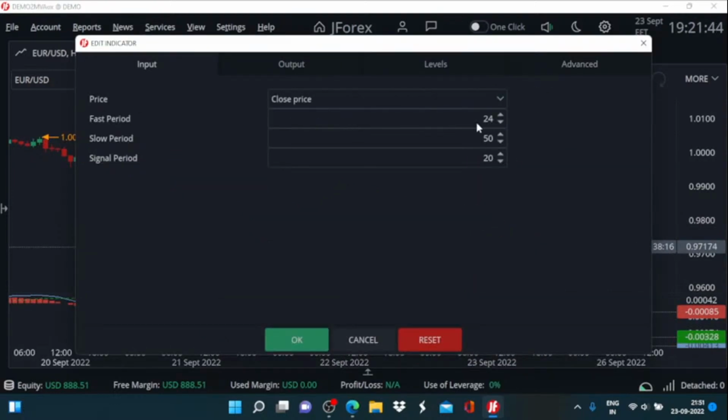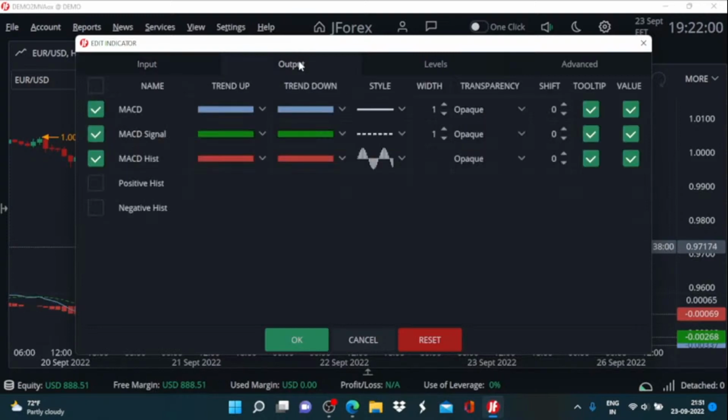So we get now back to the default combination. 12 slow is going to be 50. So now I am going to restore it back to the default values. All right. MACD.